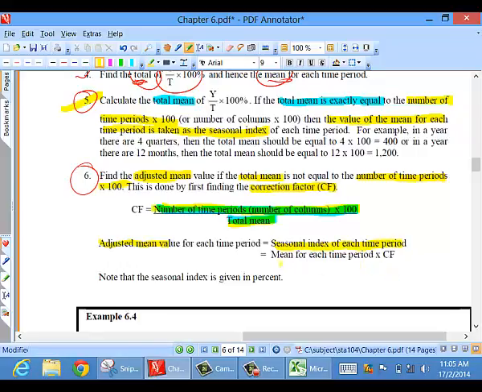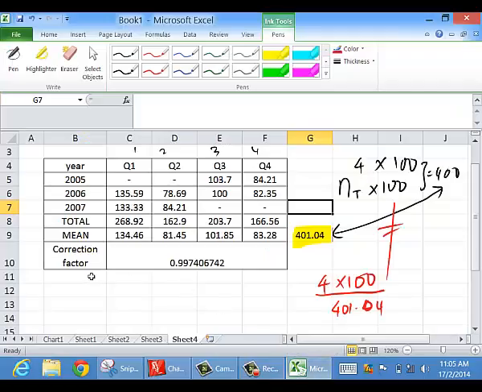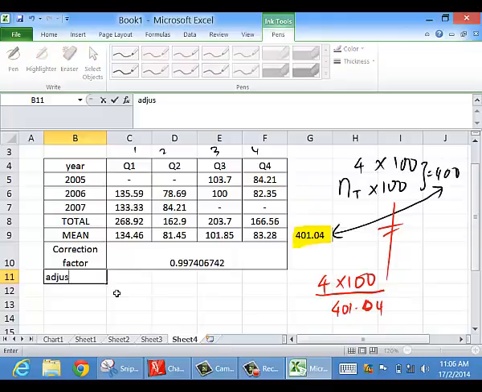So the formula of adjusted mean is mean for each time period multiply with correction factor. You nampak this formula? Mean for each time period multiply with correction factor. So adjusted mean.